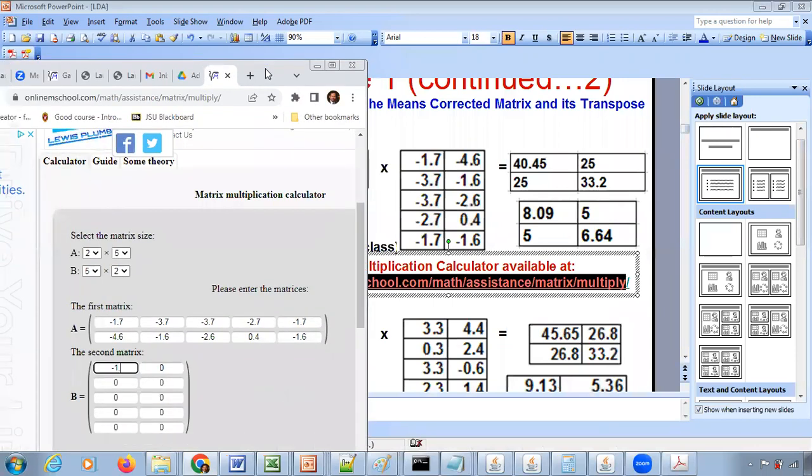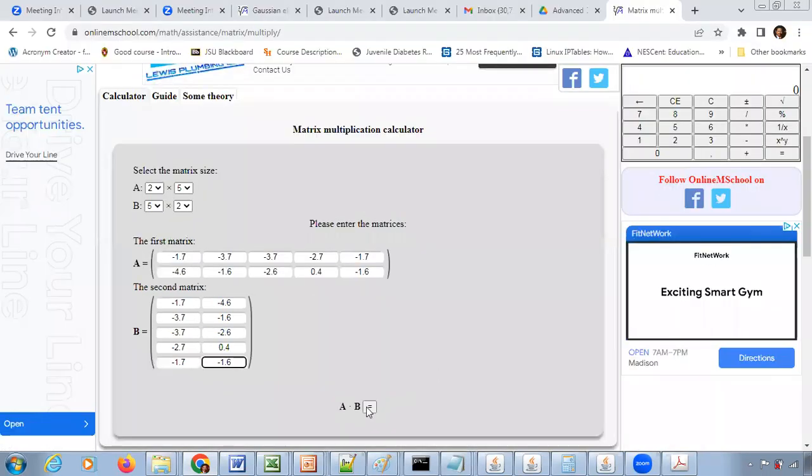So that's negative 1.7, negative 4.6. Make sure the negative entries are getting entered correctly. Then negative 3.7 and negative 2.6. Negative 2.7, 0.4, negative 1.7, and negative 1.6. So once you enter the values, you can click equal to here.